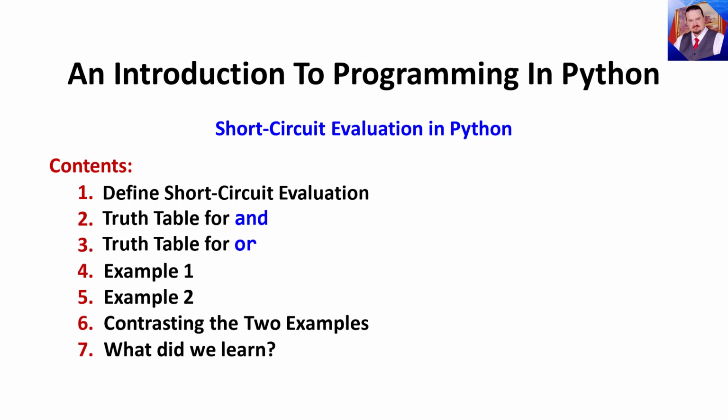I'm going to give two different examples which will flesh out the benefit of short circuit evaluation in Python. Once we provide the two examples, we will compare and contrast the two techniques and see how short circuit evaluation can be used to benefit us as coders. And finally, hopefully, we will gain a better understanding of what we learned today.